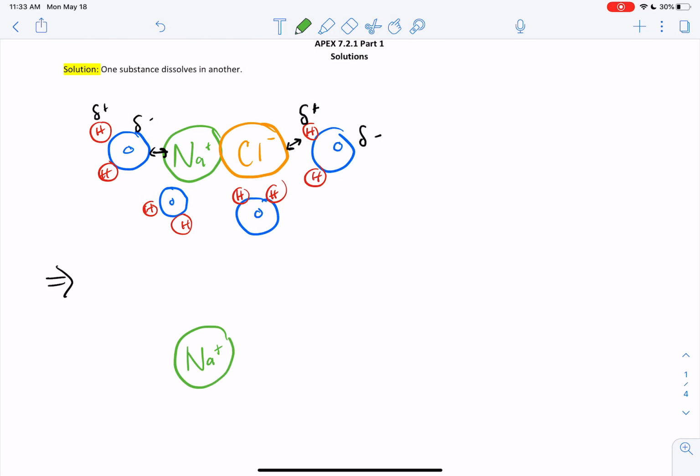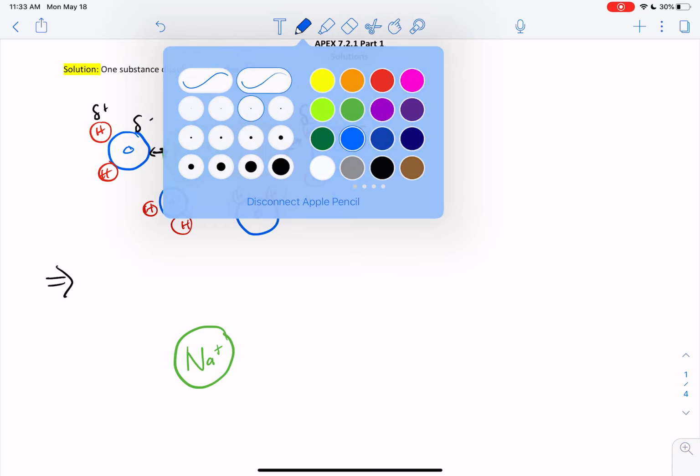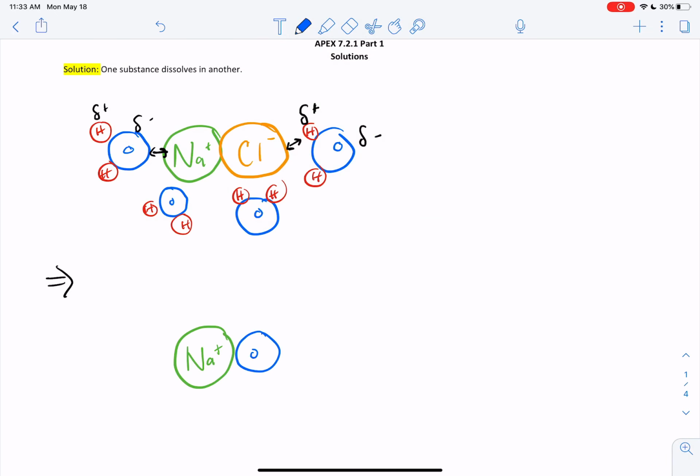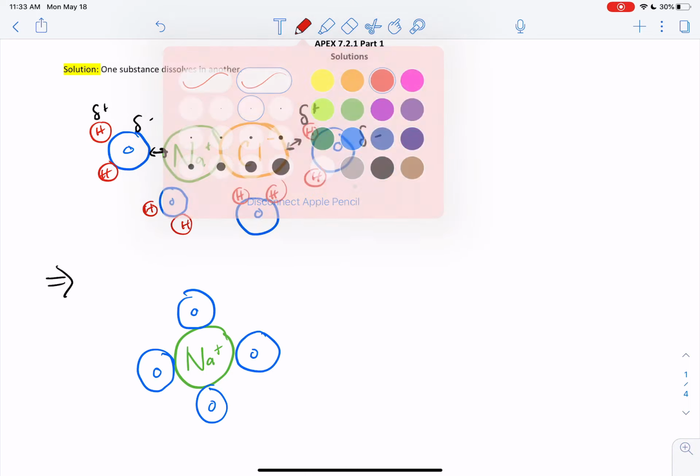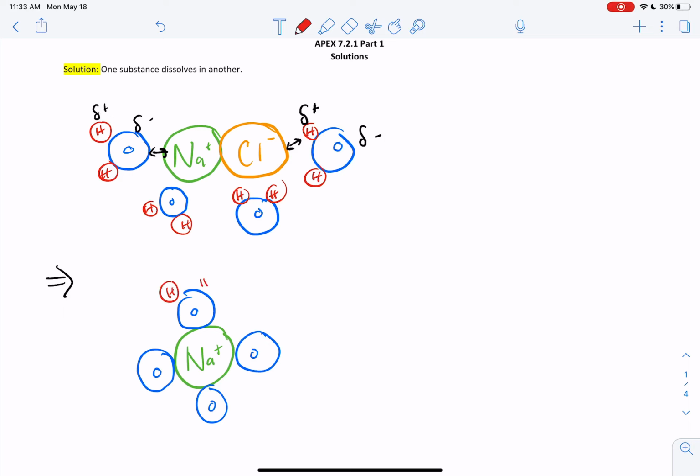So you have your sodium ion here, and it is going to be completely surrounded by water molecules with the oxygen end being attracted to it because, again, it is partially negative. Okay.